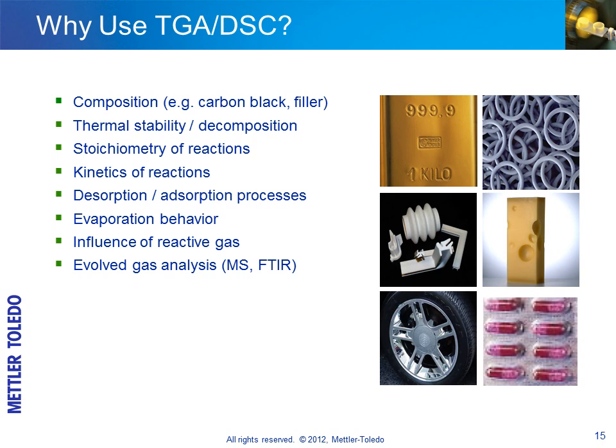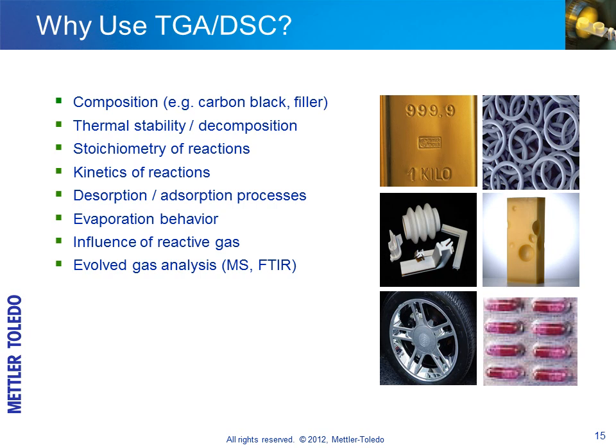The TGA DSC technique provides information about the purity of the sample if the stoichiometry of the reaction is known. The results of isothermal or temperature-ramped measurements can be used to determine reaction kinetics.